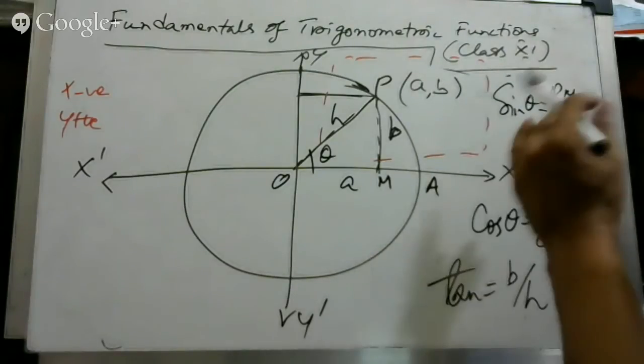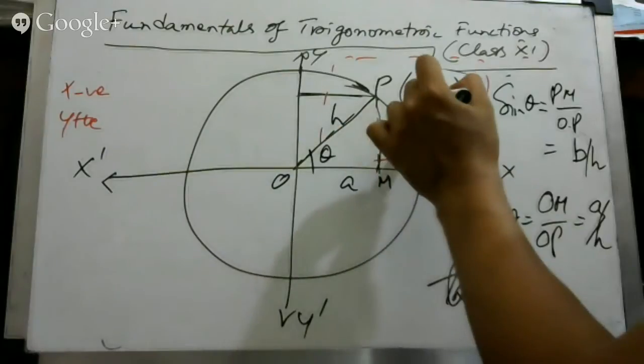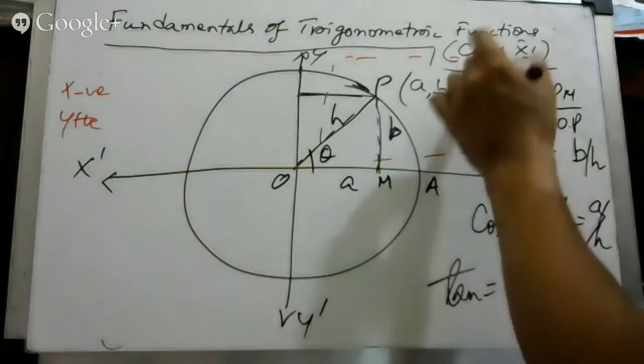Now here we have A as positive, B positive, and because both are positive, everything is positive here.